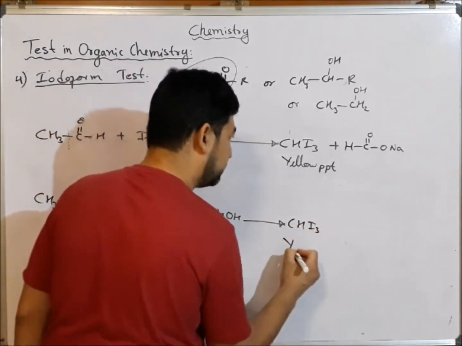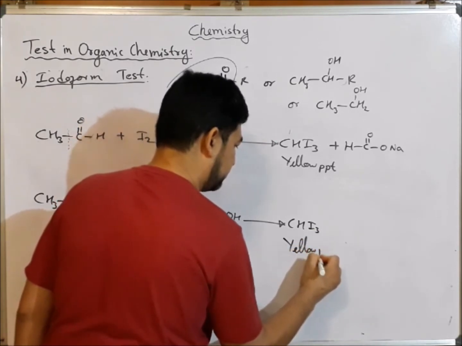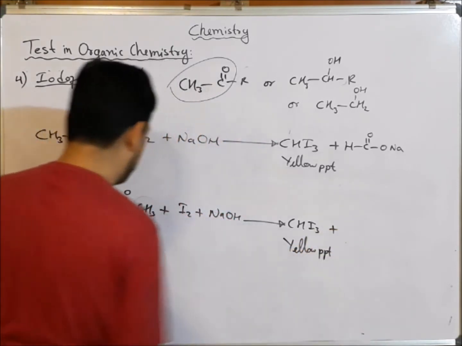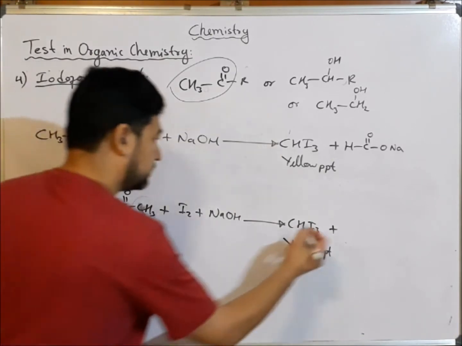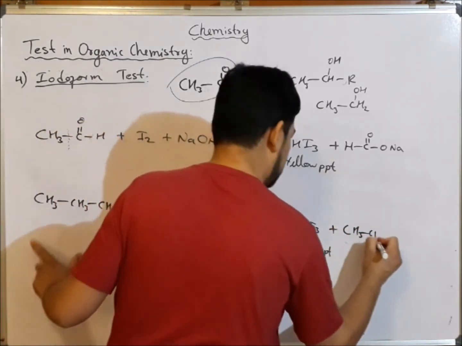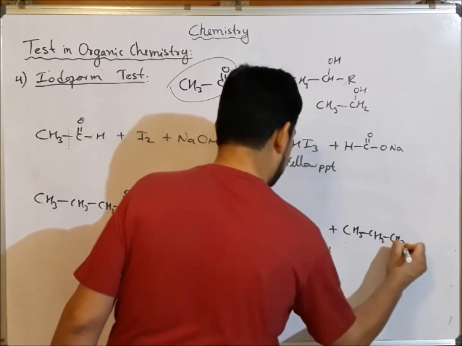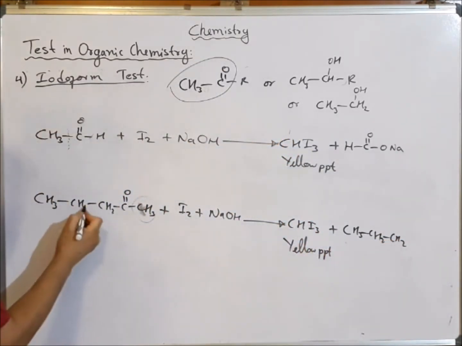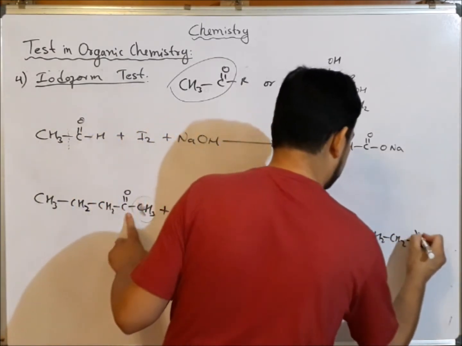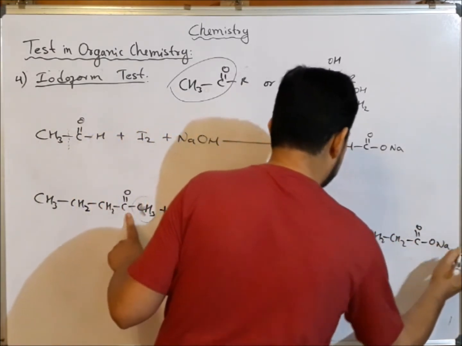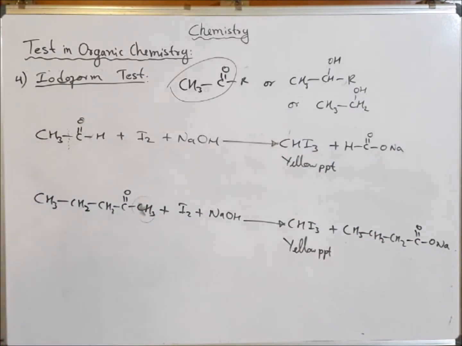Don't forget to write yellow ppt. Plus whatever remains you have to start writing from this side, so it's CH3, CH2, CH2, sorry, here is 2, CH3, COONa, and it has a side product. Fine, so always remember this type.